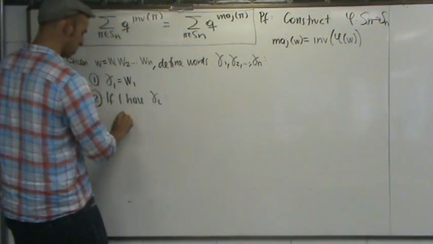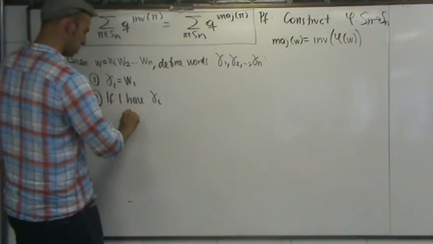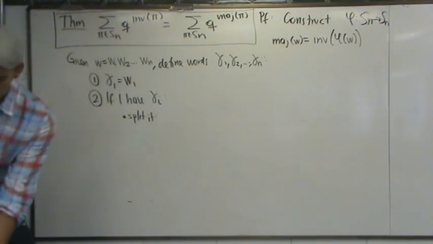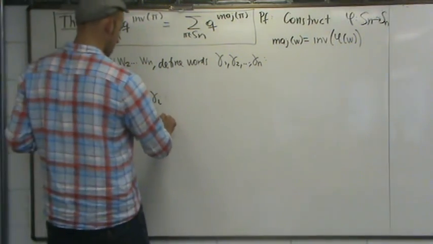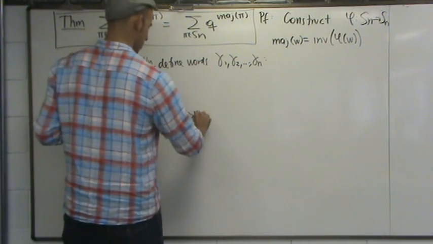I'm going to do 3 steps. First, I'm going to split it. Let me just write down the rules real quickly, and it's very hard to understand them without an example. So then we'll do an example.